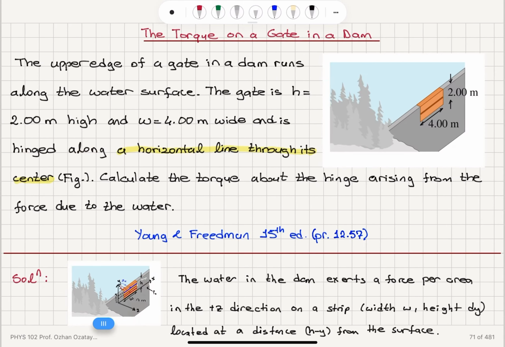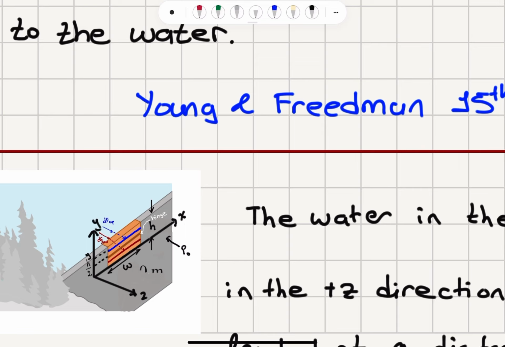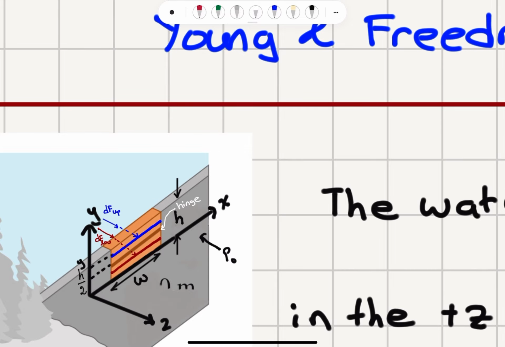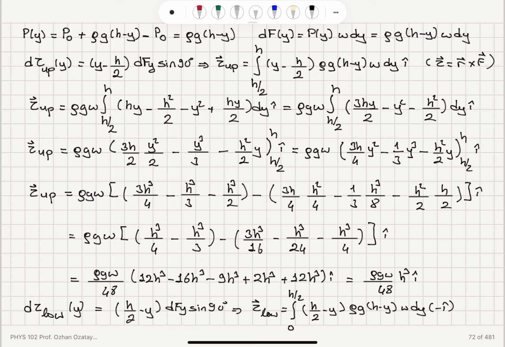And the pressure as a function of y varies, so we have the atmospheric pressure on top of the water surface, atmospheric pressure on the other side of the gate, and then we have rho g (h minus y). H minus y is the distance with respect to the surface. That's the pressure multiplied by the width of the segment I consider, w dy, and also the height. So this gives me the area multiplied by pressure. That's the force as a function of y.